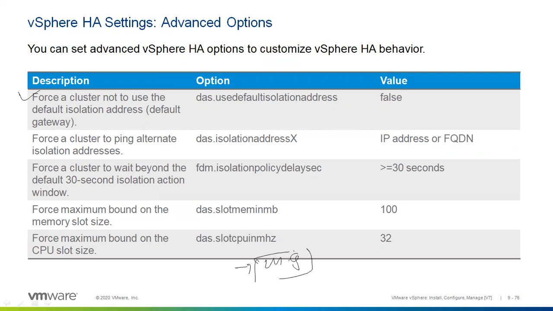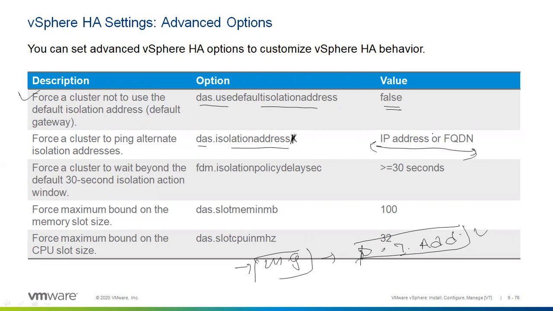The management gateway is my default isolation address. So if we want to ignore the default isolation address, we can define these values in advanced parameter in cluster as false. And if we want to give another isolation address like das.isolationaddress1, then you define that IP.